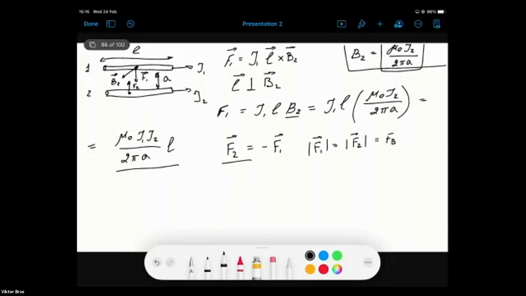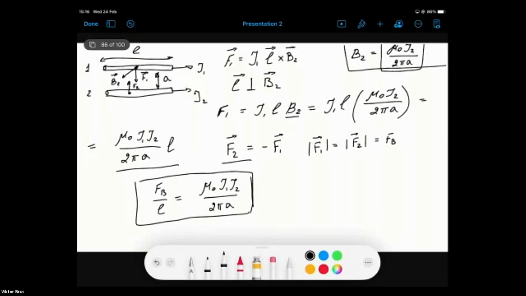So we can write that FB divided by length is equal to mu naught times I1 times I2 divided by 2 pi a. So this is the final equation which describes the interaction of two long wires with electric current flowing through them in the same direction.